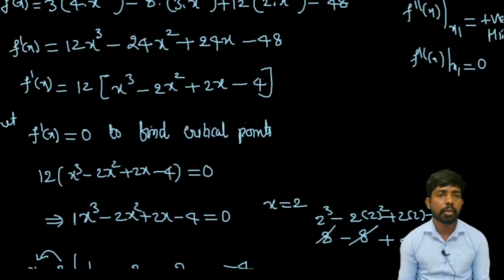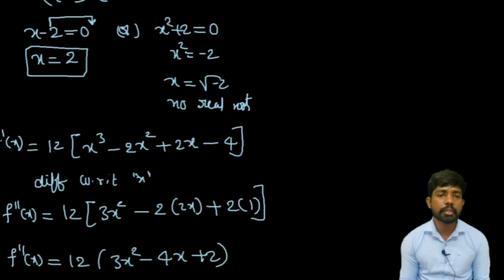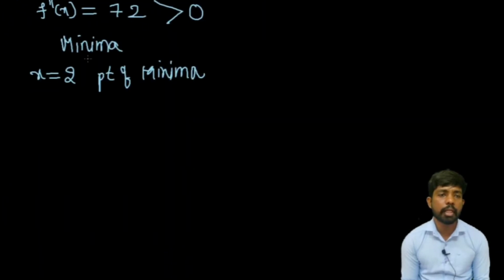Now what is being asked in the question? Find both the values, maximum value and minimum value, and also in the given interval 0 to 3, so we have to include 0 and 3 also. Now consider the function at 0, 3 and 2.